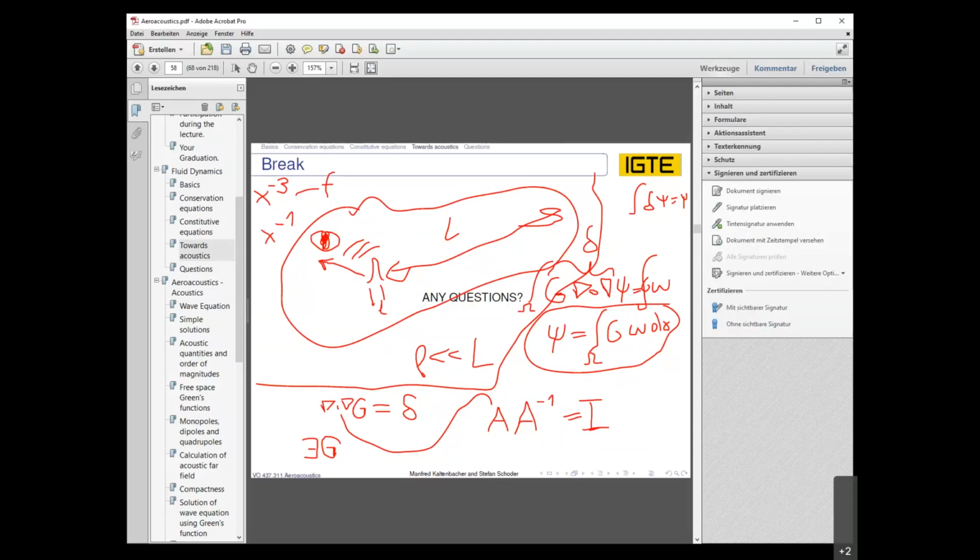Yes. For instance, just think about it. You're sitting in a car, you open all the windows, and you are the driver.